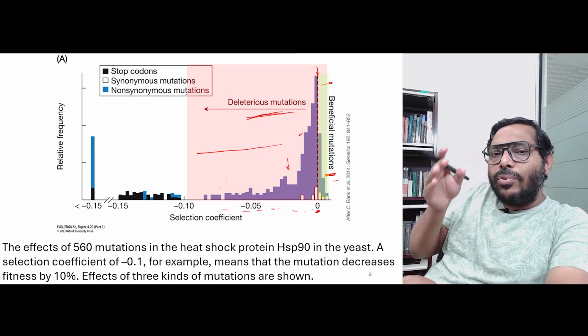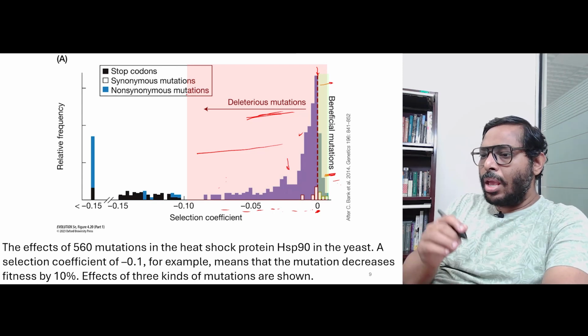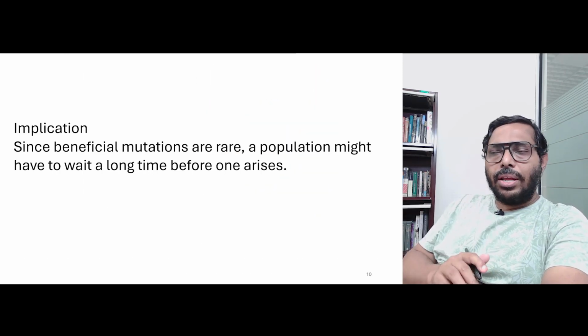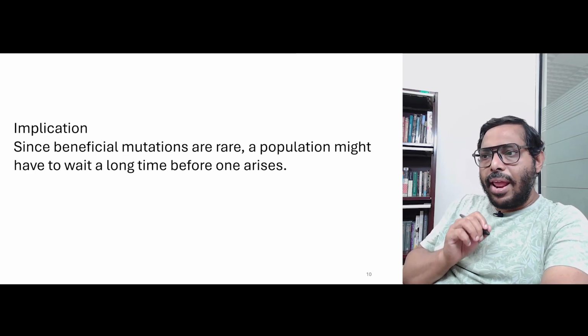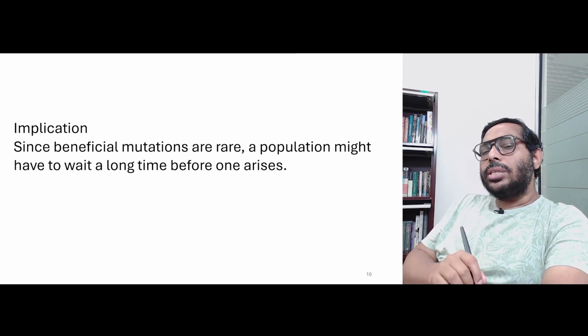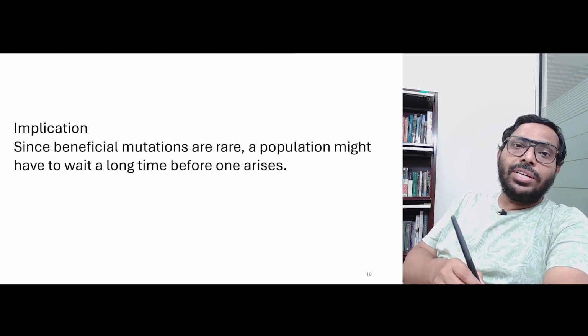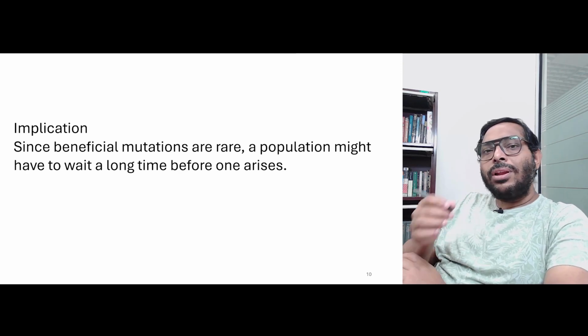So, the harmfulness of the mutation is actually exponentially falling off, right. So, the main point that I want to make over here is that because beneficial mutations are rare, a population might have to wait a very long time in order to get a beneficial mutation. On the other hand, harmful mutations will keep on coming.